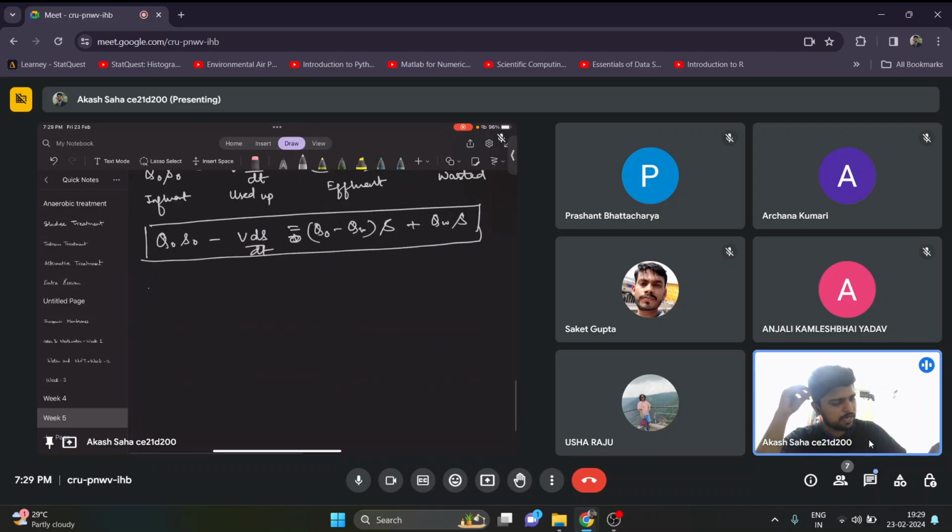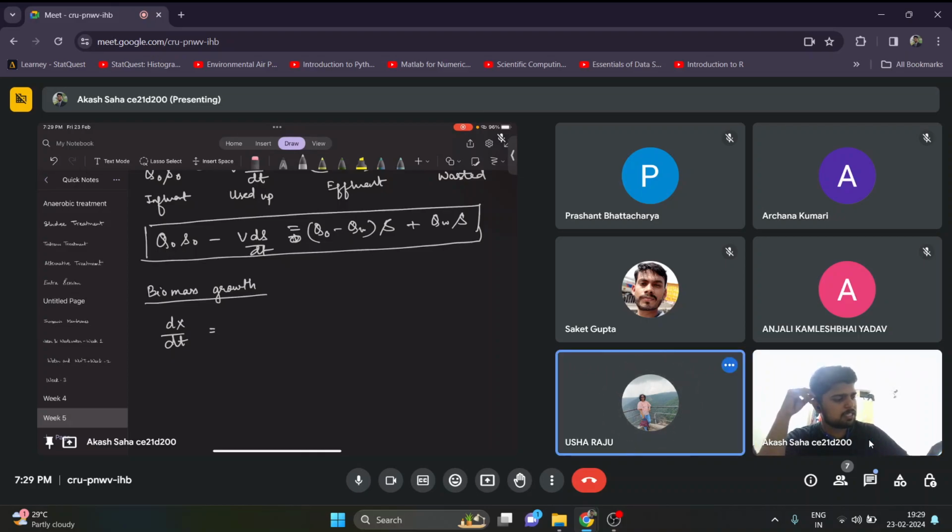Now we have to write an equation about the biomass growth, which I denoted as dx by dt. How can we write it? We can make use of the growth constant. With growth rate, mostly this dx by dt, I will write it directly proportional to x.